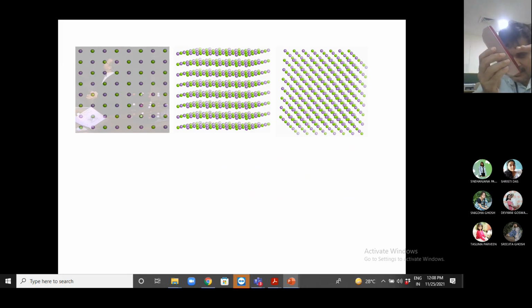If you turn it like this, the diffraction pattern of the X-ray also will change, because you see there is a clear difference in the arrangement of these atoms. If you keep it like this, and like that, you are getting three different types of arrangement of atoms in the crystal lattice.